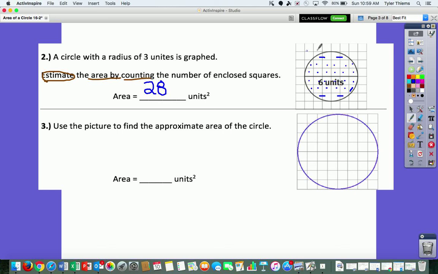That's what the area means. The area is the inside of an object, in this case a circle. So it's the estimated area in square units. I want you to press pause and try to estimate the area of this bigger circle below by counting. So press pause and do that now.